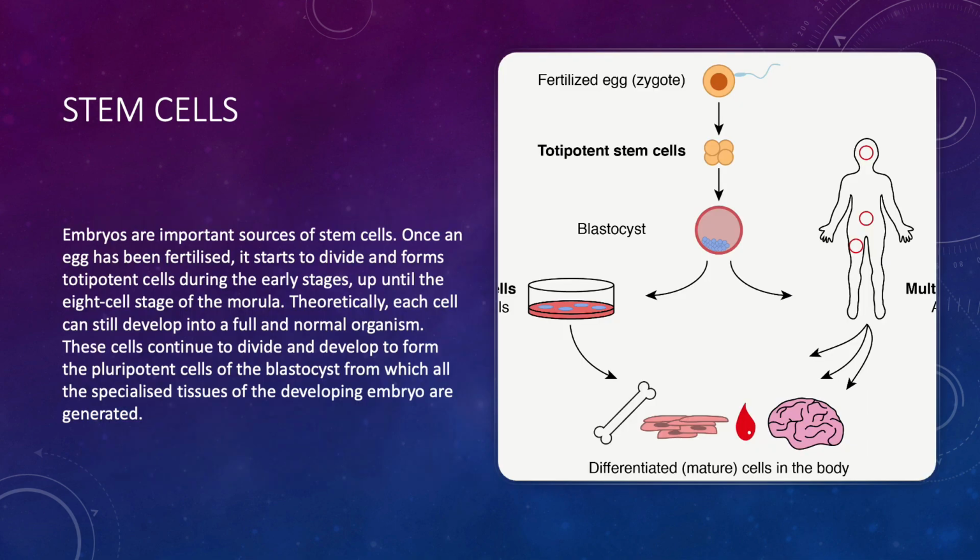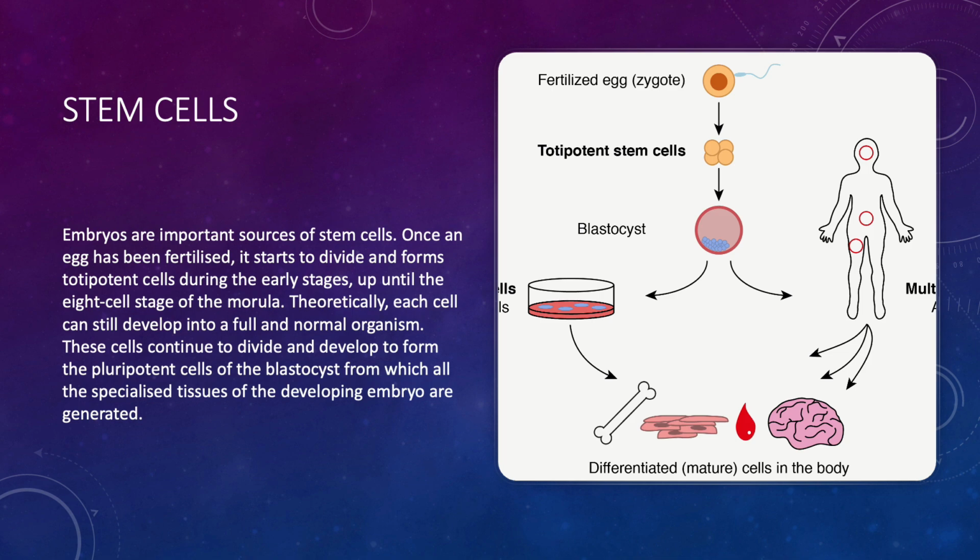So embryos are an important source of stem cells. Once an embryo has been fertilized, it starts to divide and forms totipotent stem cells during the early stages up until the 8-cell stage of the morula. As we can see in the diagram, the totipotent stem cells form that 8-cell morula.